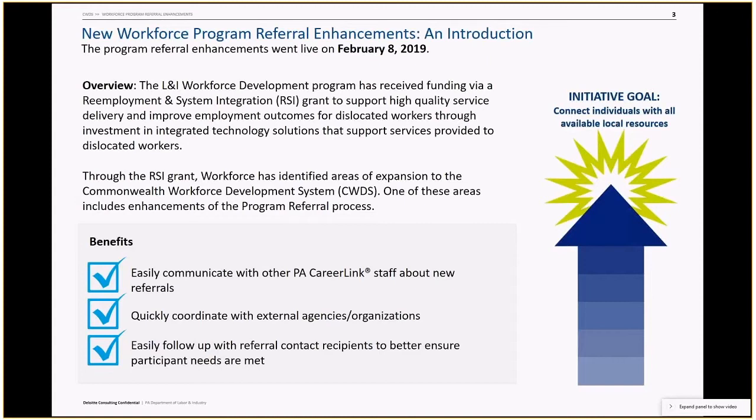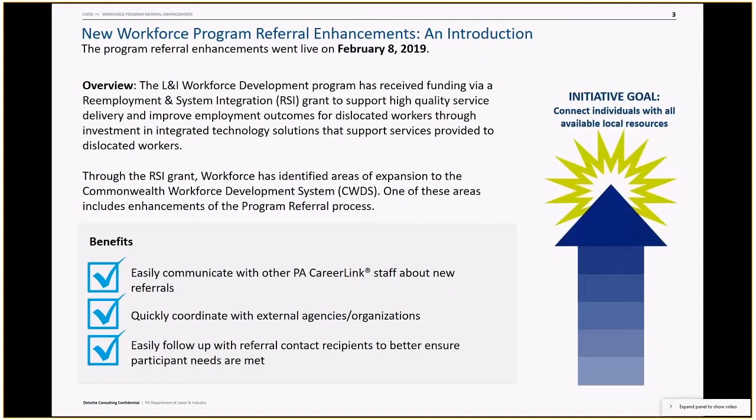As far as the benefits of making this change, you can see the 3 check marks at the bottom there. Easily communicate with other PA CareerLink staff. If you attended the staff webinar earlier today, you'll know that with the new referral system, there's really 2 new types of referrals.